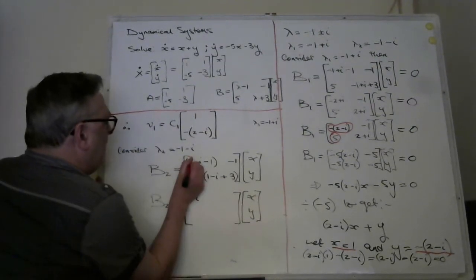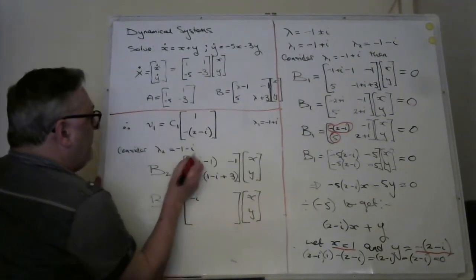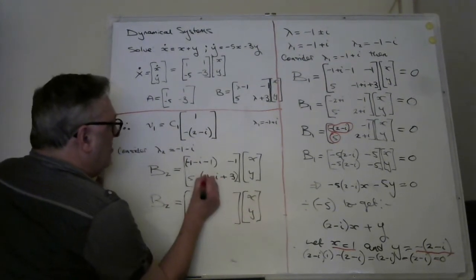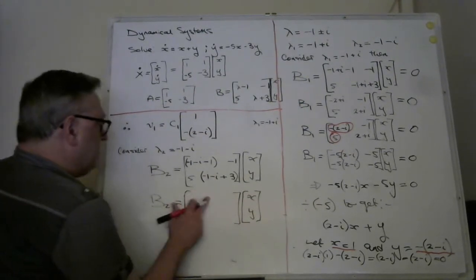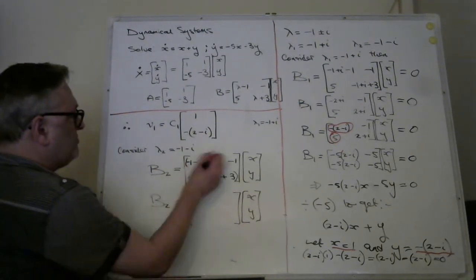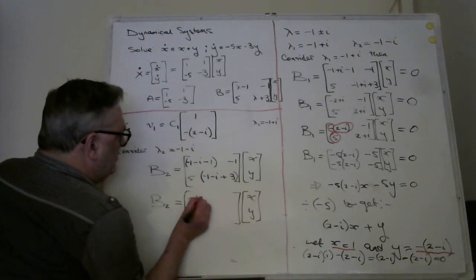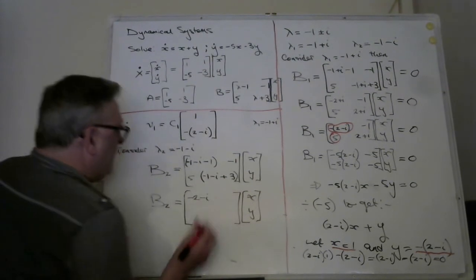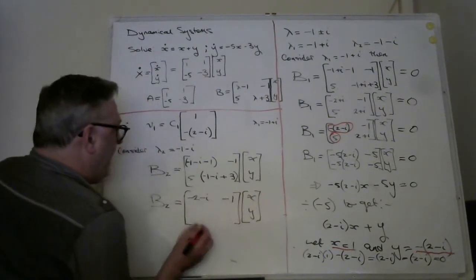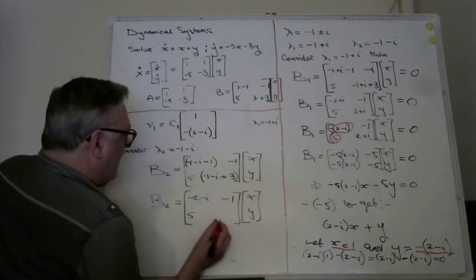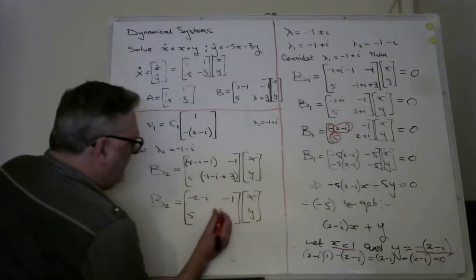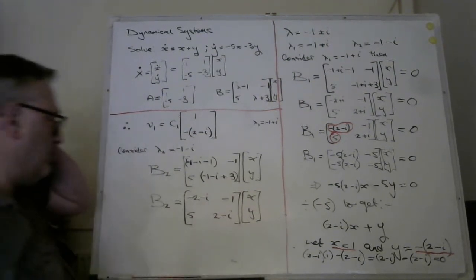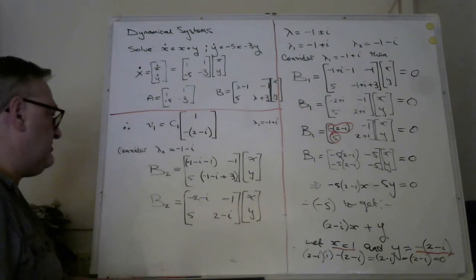So I'll just put that minus 1 in there. And we've got a minus 1 there. So, simplifying this matrix, we get minus 1 minus 1 is minus 2. Minus i, minus 1 over here, 5, and minus 1 plus 3 is 2, and the minus i stays the same. So we've got that for B2.